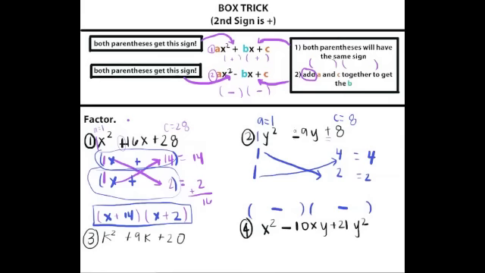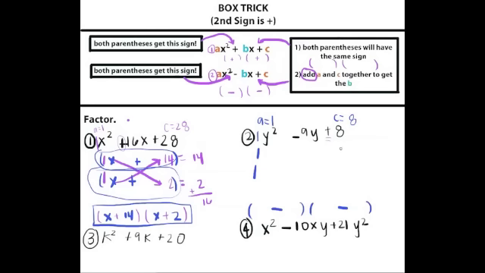And even though the sign in the front is a minus, it doesn't matter. All that matters is the sign in the back. The minus just tells me I'm going to have minus minus at the end, but this back sign tells me I'm going to add these two together. So 4 plus 2 ends up being 6, but that doesn't match up with my middle number, so this can't be the combination.